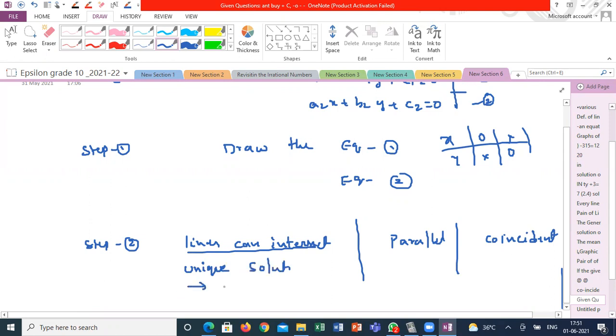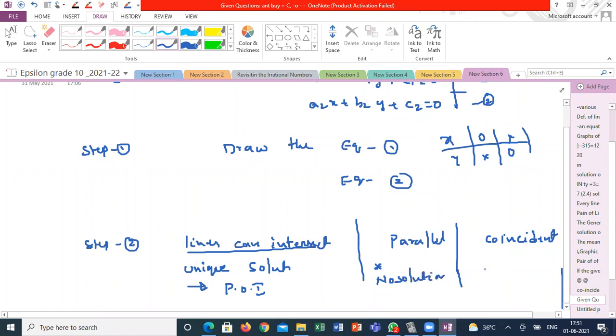That unique solution is found using the graph, by identifying the point of intersection. That depends upon the kind of lines they give. If it is parallel, from the graph the two lines are parallel to each other. So your conclusion, that is the answer, is no solution.